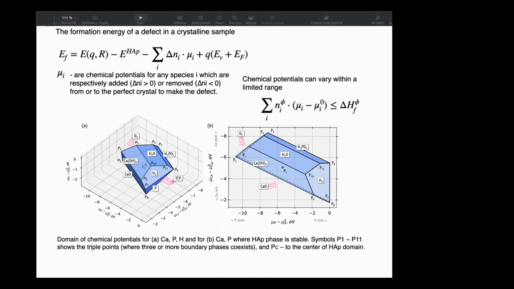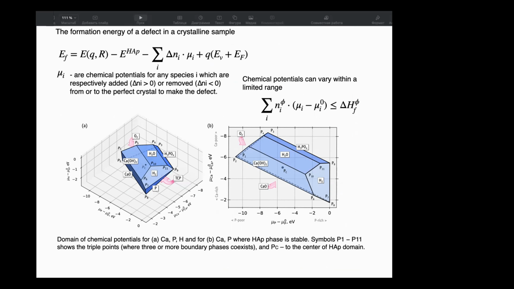Here there is a formula for formation energy of a defect in a crystalline sample. It depends on the energy difference between the defective and pristine crystal. The third and fourth terms account for any stoichiometric and charge imbalances.